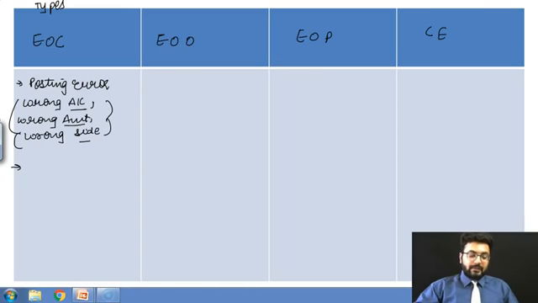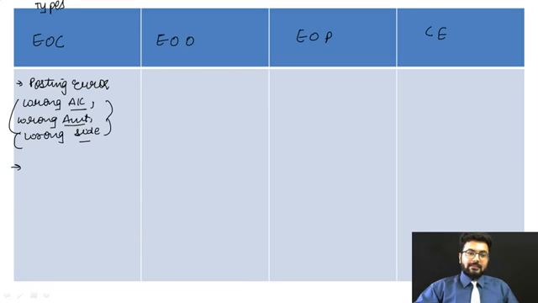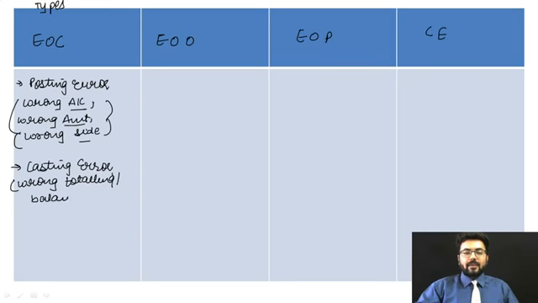Now moving on to the rest of the things. There is one more thing named casting error. What does casting error refer to? That means wrong totaling or balancing. It is totally a human error, where there are some issues with the calculation part.